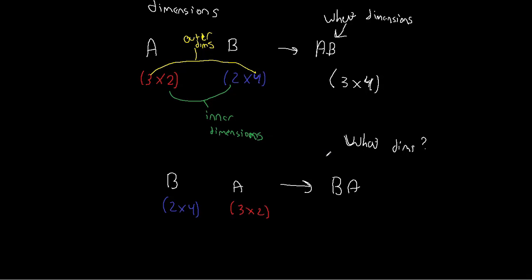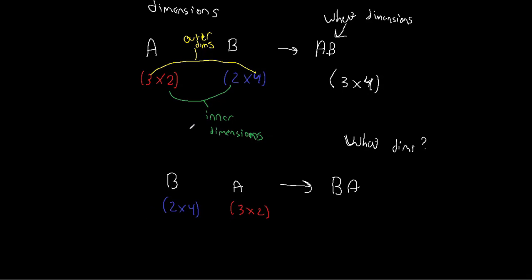This is the first time where we really see the multiplication break down. We're taught with numbers that multiplication is commutative, which means it doesn't matter if you do AB or BA. That is not true. I repeat, that is not true with matrices.